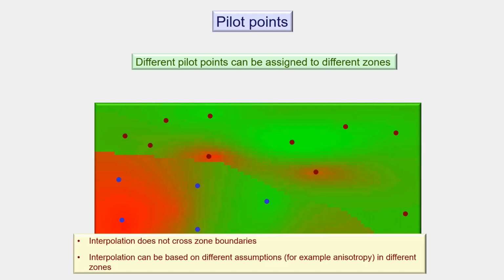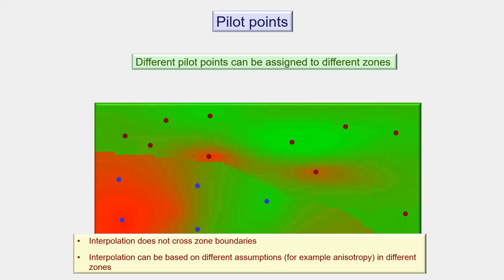Now, just because we're using pilot points doesn't mean we can't also use zones. We can ascribe pilot points to different zones. So in this picture, the brown pilot points are ascribed to this upper zone. The blue pilot points are ascribed to the lower zone.